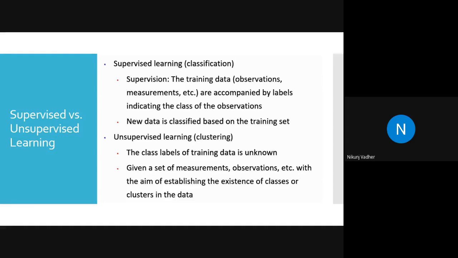Supervised learning is a kind of learning where learning takes place with labels. So you will have an idea that this object belongs to which class.